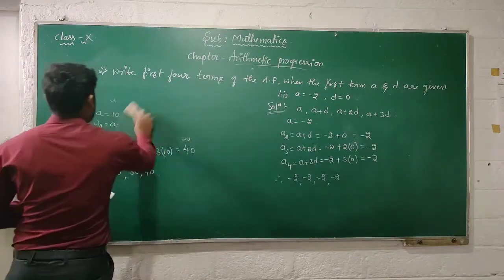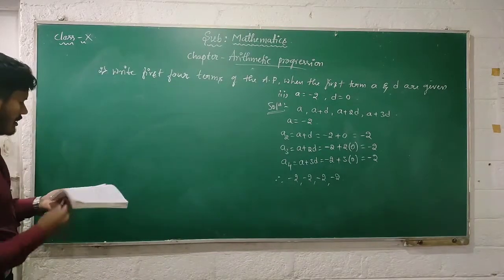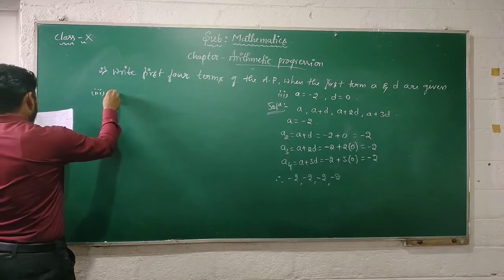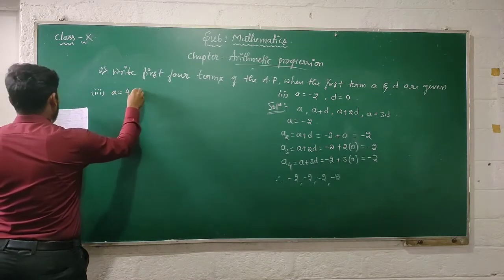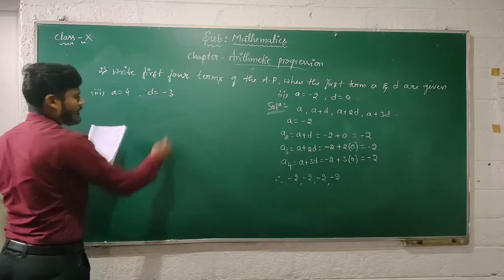Then third one, a is equal to 4 and d is equal to minus 3.